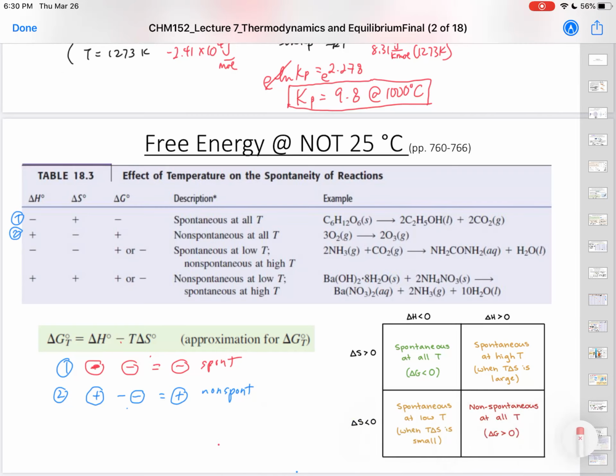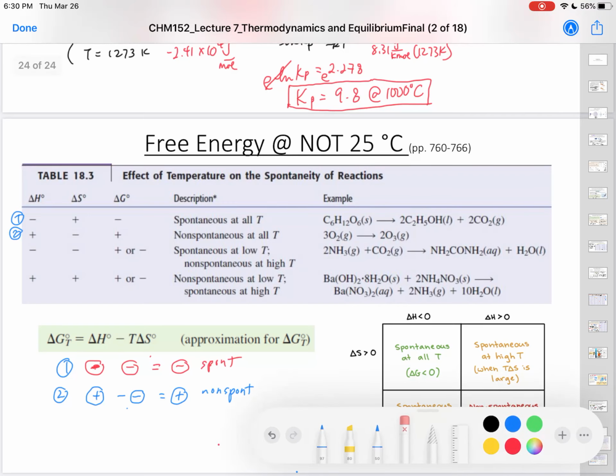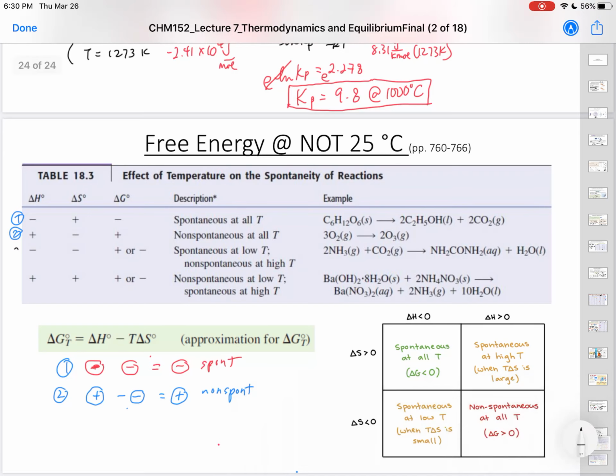So when you have this kind of situation, it is not spontaneous. We're just looking at signs, we're not looking at values. If the delta H is positive and the delta S is negative, negative and negative becomes a positive, so it becomes positive. These are the two unambiguous situations.